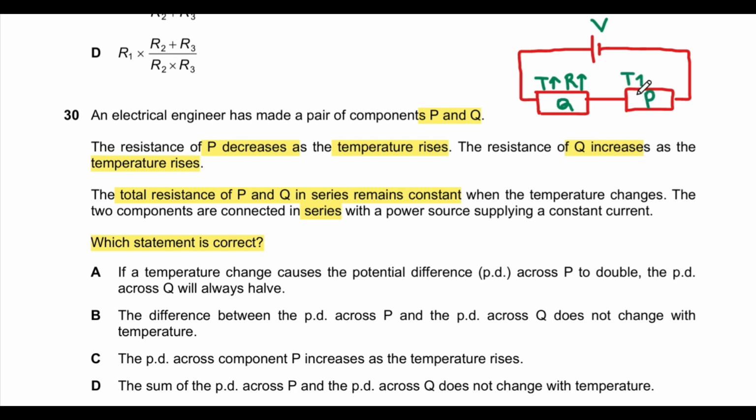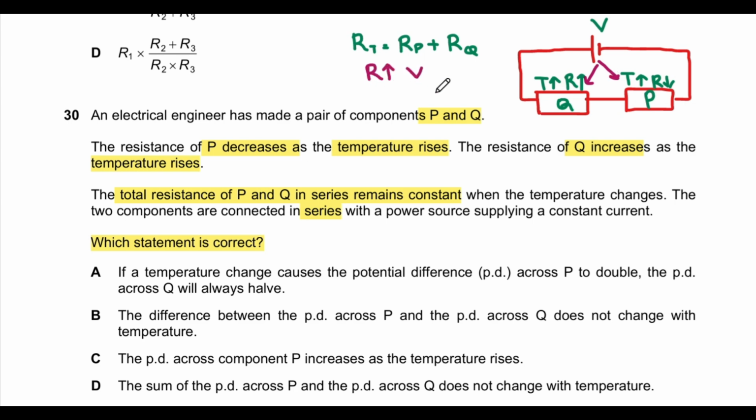When the temperature increases, resistance of component P decreases. But the point to note is the combined resistance or the total resistance of components P and Q is always constant. That means when you add both, they will give you a constant value. Next thing that we need to know is that in series combination, the total voltage is split across the components that we have. And the splitting depends upon the resistance.